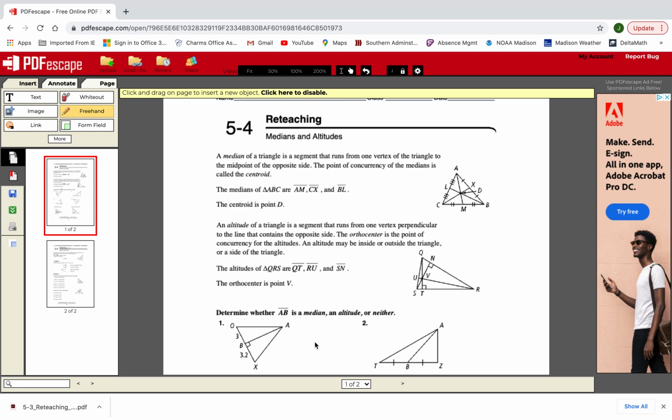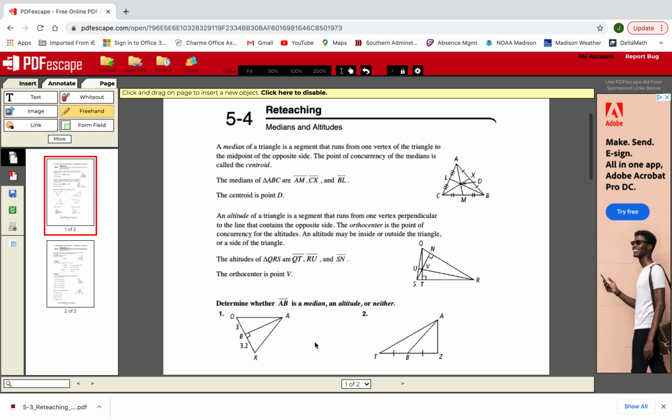All right, so we're going to use what we know about medians and altitudes from these notes and determine whether what we're looking at here is a median, an altitude, or neither. Now, we may want to make some notes here that a median goes from vertex to midpoint.